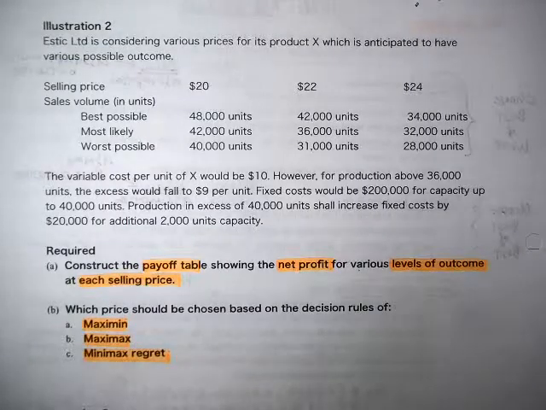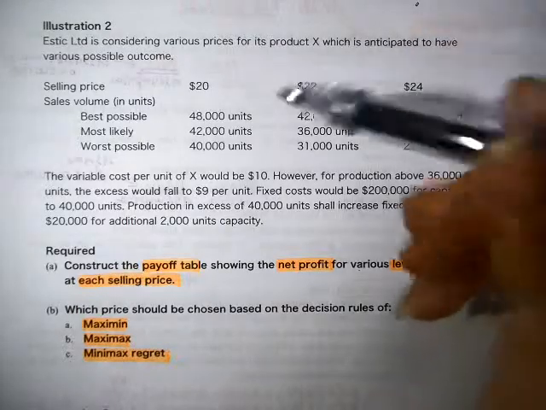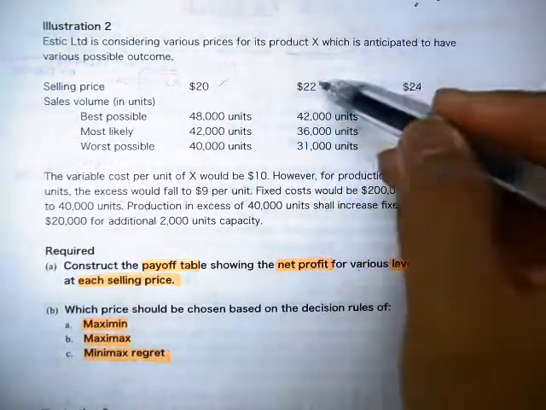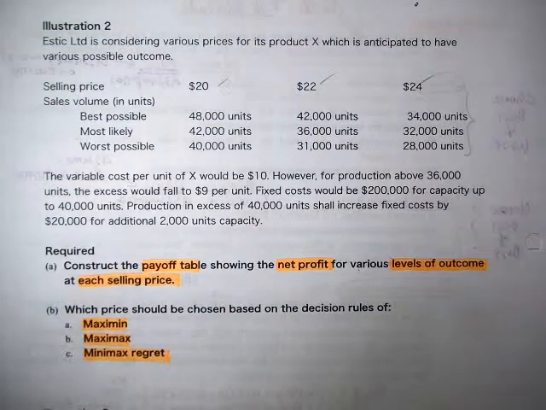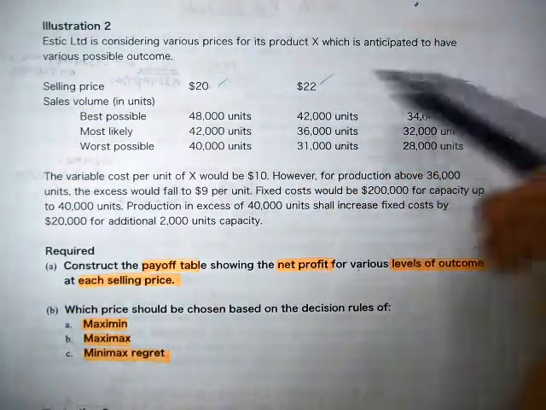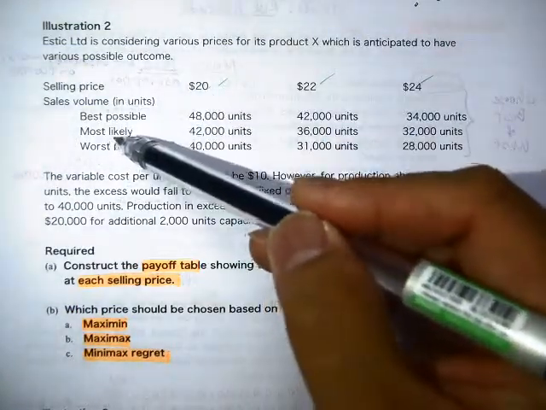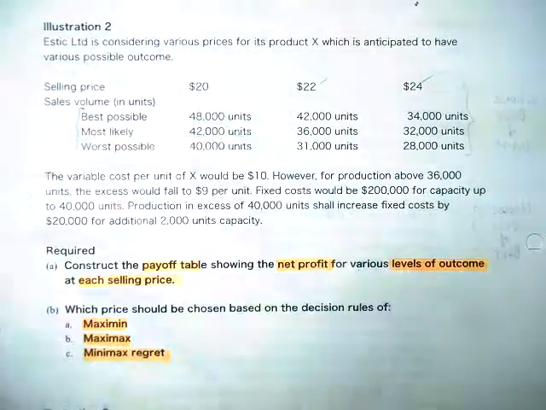Now, it says that Aztec is considering various prices for its product, which is anticipated to have various possible outcomes. So the selling price of 20, 22, 24. At different prices, we have different sales volumes. And again, this sales volume you are not sure.